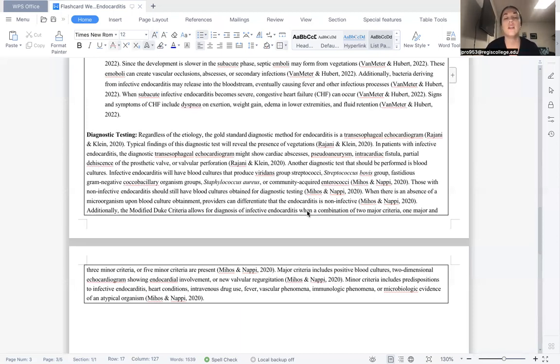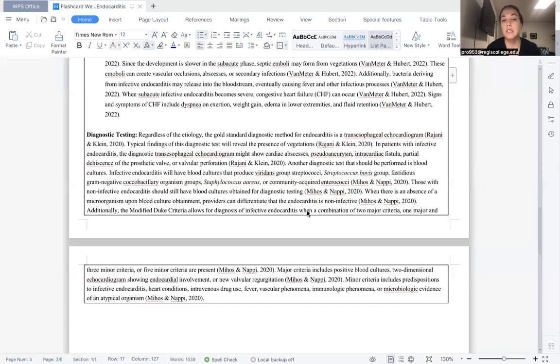Those who have non-infective endocarditis should still have blood cultures completed for diagnostic testing, because when there's an absence of the microorganism on the blood culture, we can differentiate whether this is truly infective or non-infective.